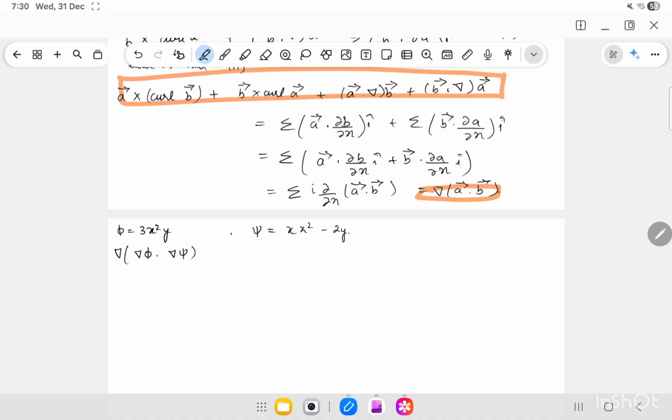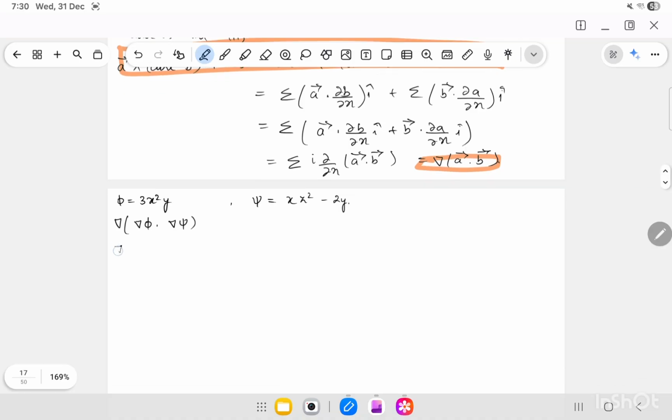In order to verify this relation, first we need to evaluate grad phi and then grad psi. So grad phi will be equal to 6xy I cap plus 3x square j cap plus 0 k cap. Likewise, grad psi will be equal to z square I cap minus 2j cap plus 2xz k cap.